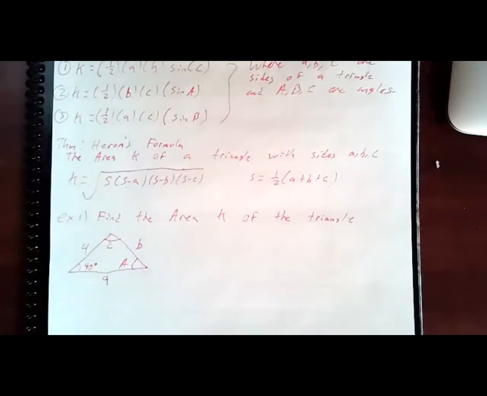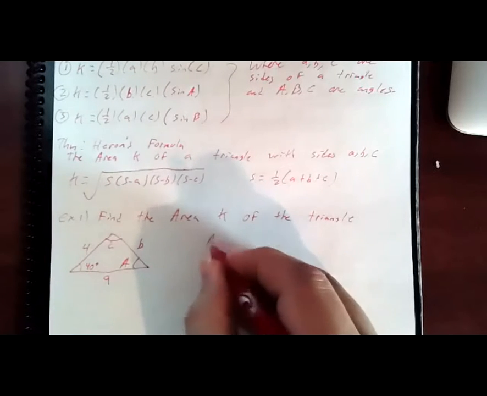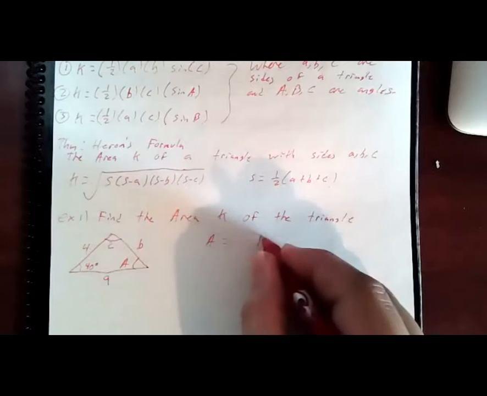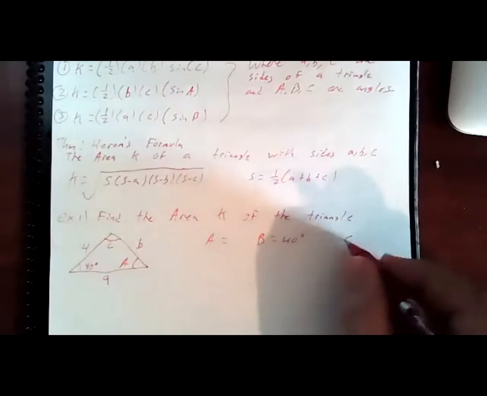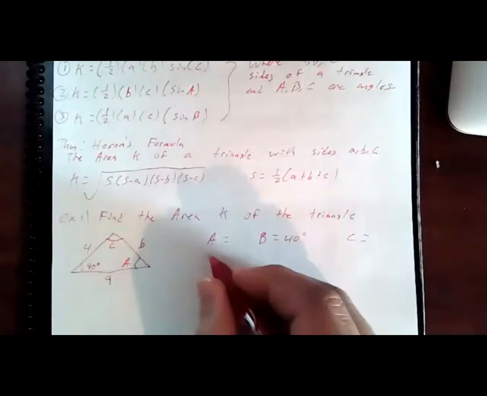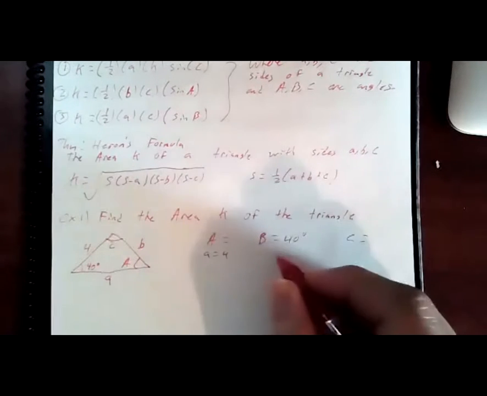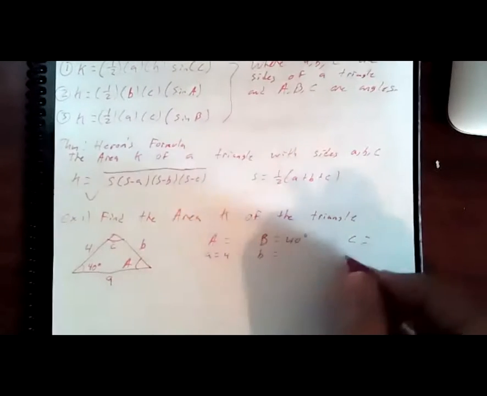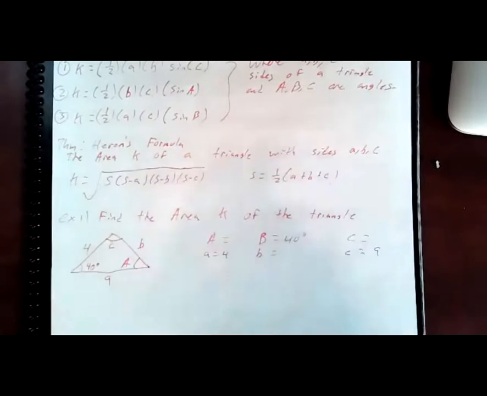Okay, so here's your side angle side. I don't have capital A, but I have capital B. Capital C is missing. I do have little a, don't have little b. Lowercase c is 9. So I can use one of the formulas, right?